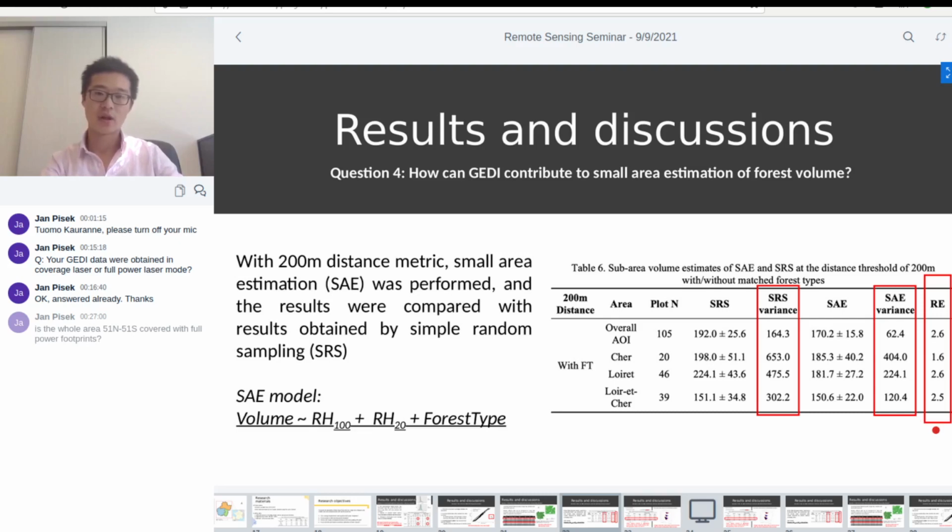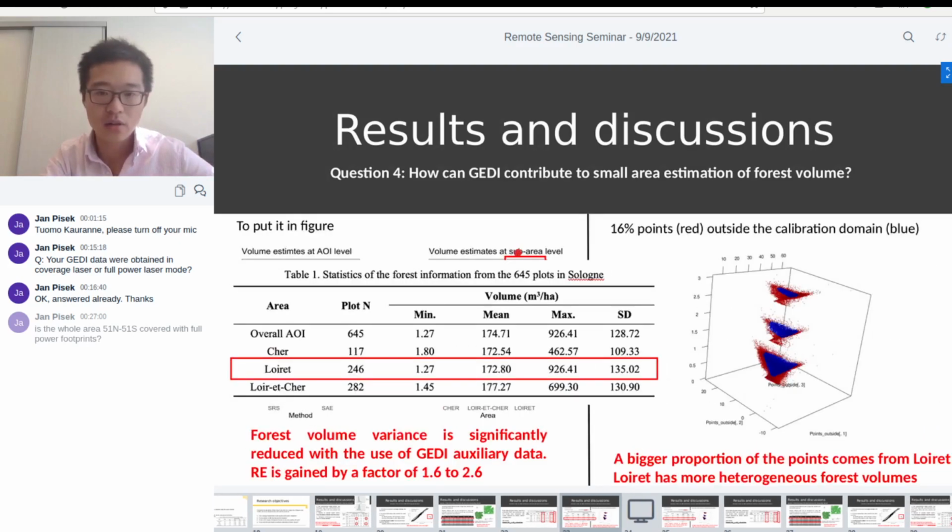And then we had a look. It doesn't work really well. Sorry. I would share my screen here because I think it would be better. Sorry for the wait.